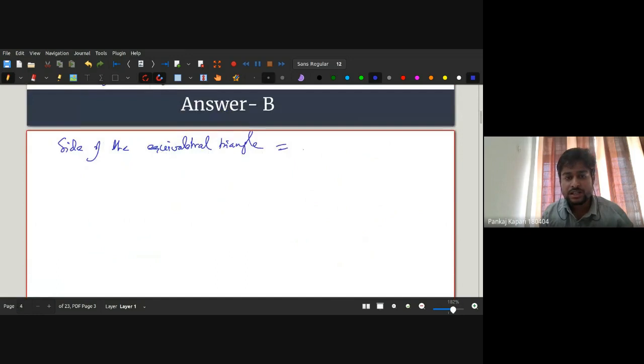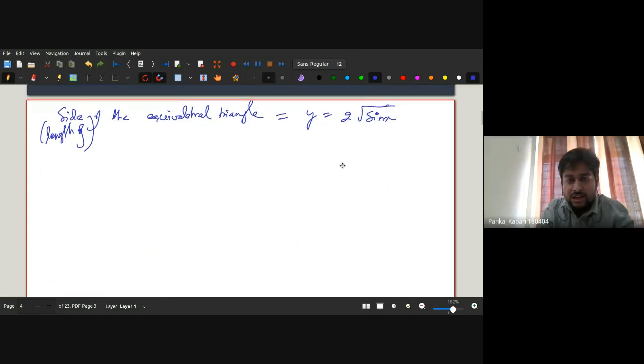So what is the side length of the side? The length of the side of the equilateral triangle is just y, which as a function of x is just 2 under root sine x, right? So this is our base.